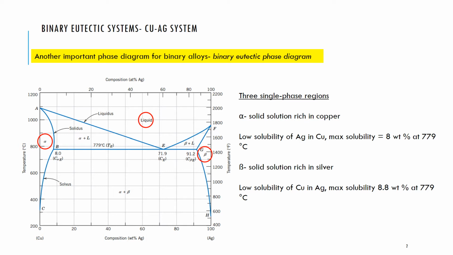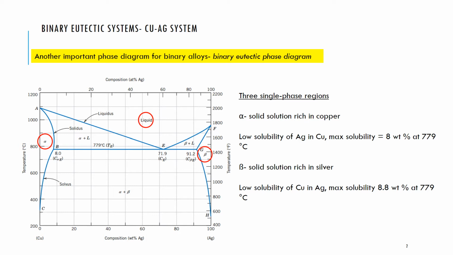So the common themes here: there's an alpha solid solution right over to the left of that phase diagram, that's rich in copper. And that is a single homogeneous phase composed of the alpha copper as a solid phase.